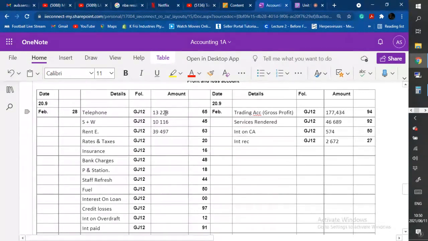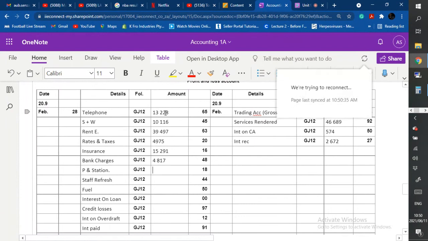Rates and taxes, 4,975. Okay, insurance, 15,291. Bank charges, 4,817.